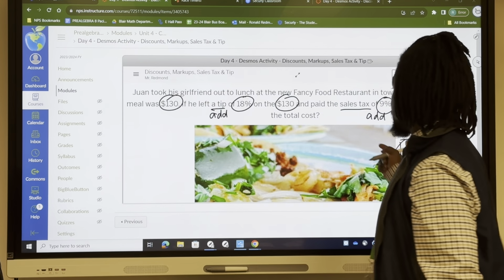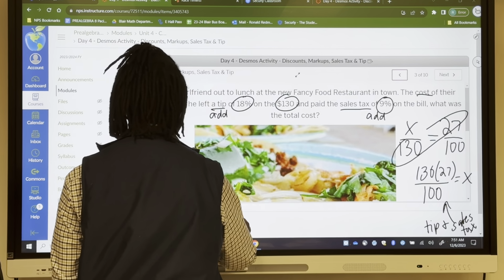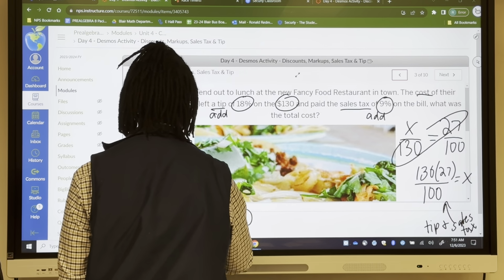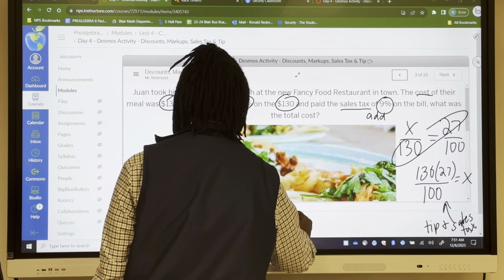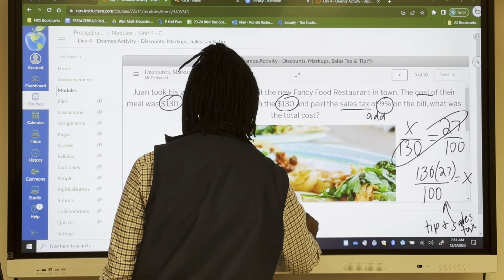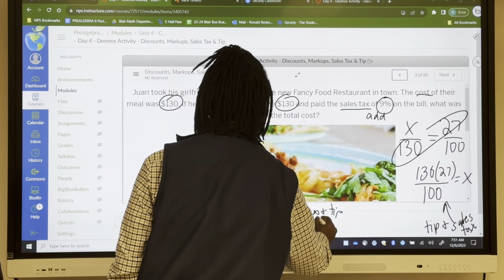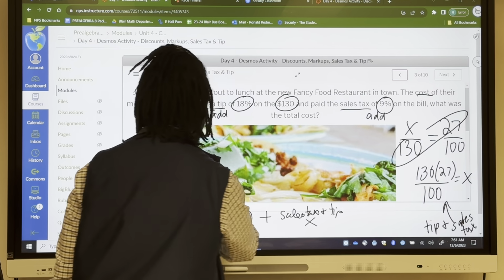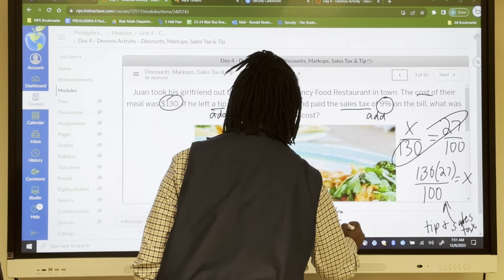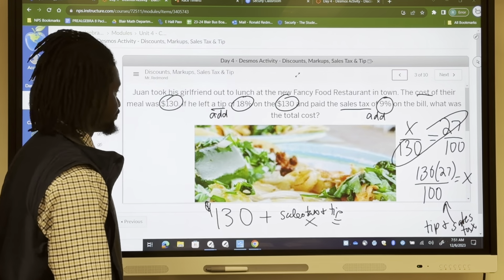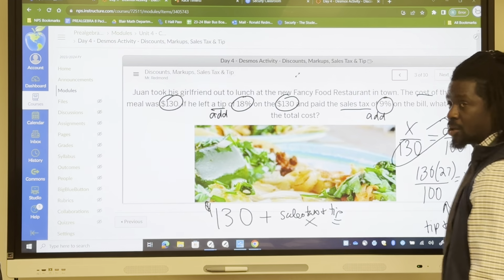So then I'm going to take that amount and add it to the 130. So 130 plus the sales tax and tip. Again, that's what I got for the X over here. Once I solve that, I'm adding that to the 130, and that will give me my answer, which I'm going to let you figure out on your own.